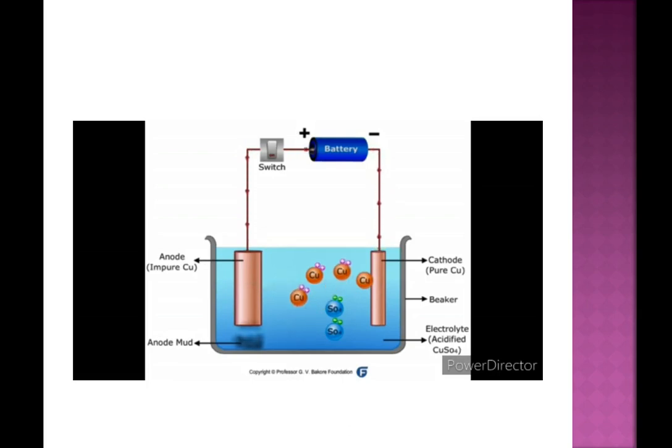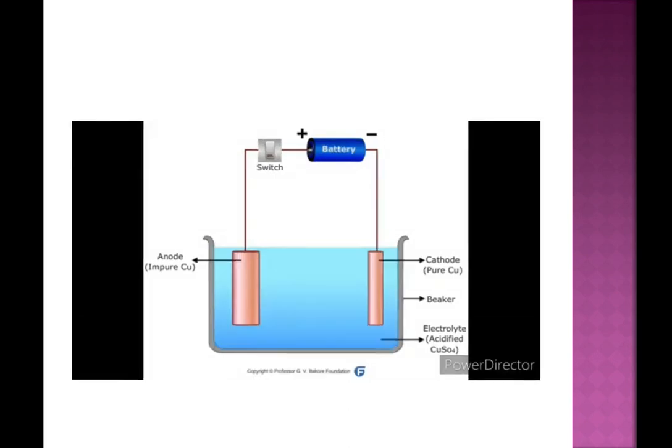At anode, electrons move through the wire and collect at cathode. So as time passes, the size of the cathode increases, whereas that of the anode decreases.